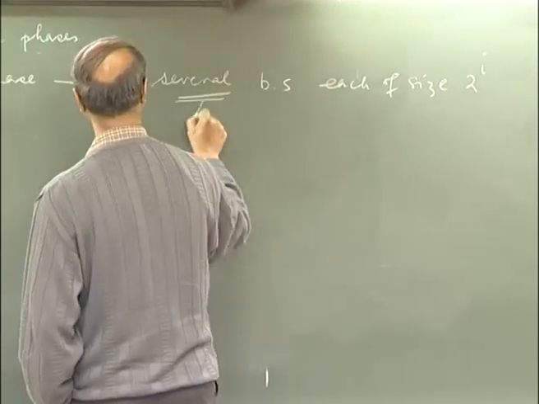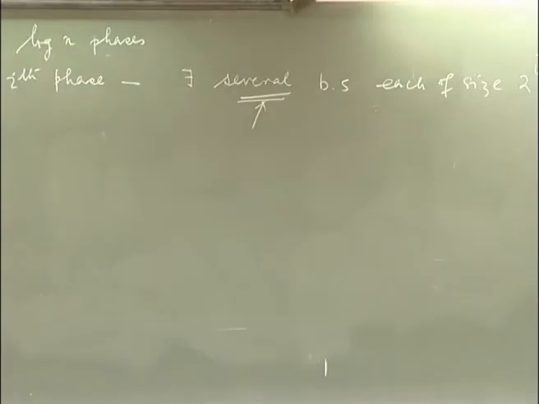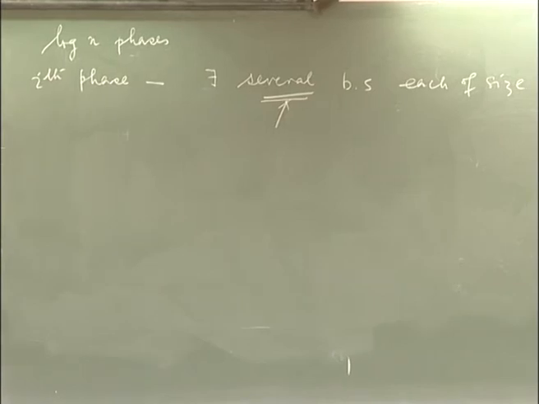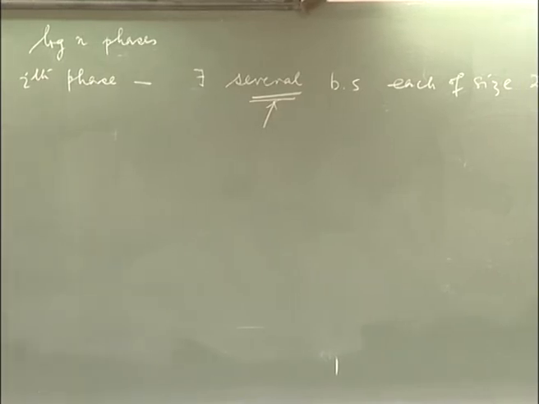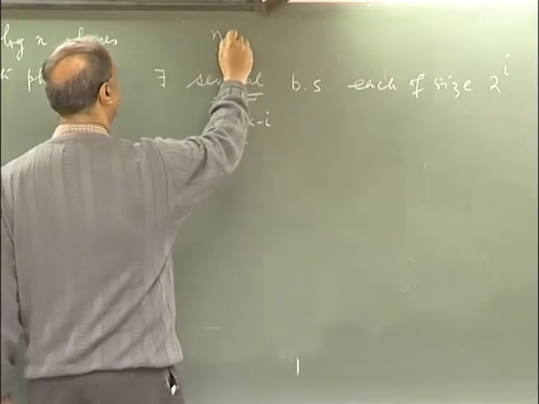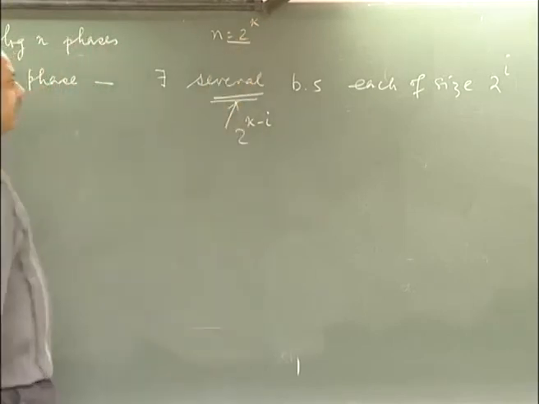Now, can you tell me what is this value of several? N by 2 to the power i. Yes. That is 2 to the power k minus i, since n is 2 to the power k. Right? So that many parts are there.